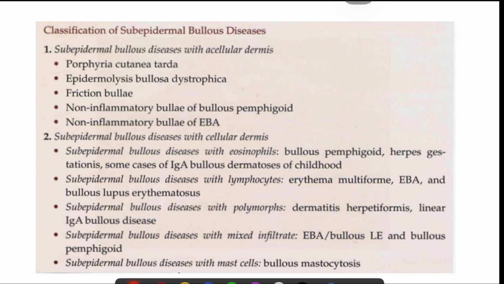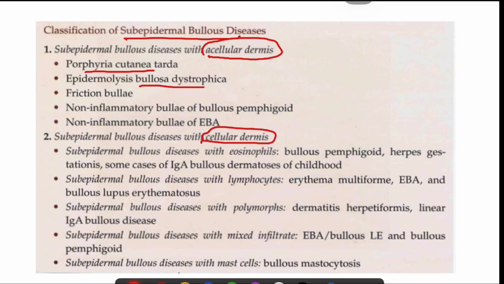So this is the classification of subepidermal bullous disease, where there is acellular dermis and some cellular dermis with the subepidermal bulla. So if acellular dermis is there with the subepidermal bulla, this is porphyria cutanea tarda, epidermolysis bullosa dystrophica, some friction bulla, etc.